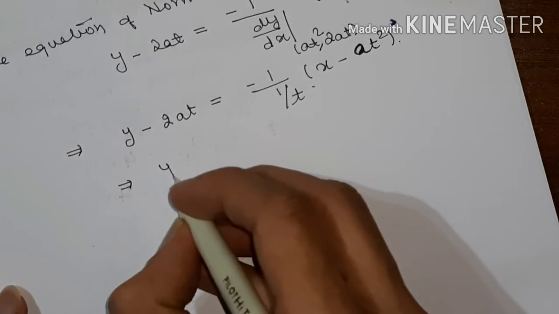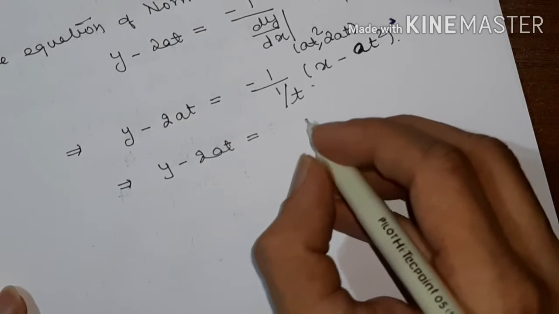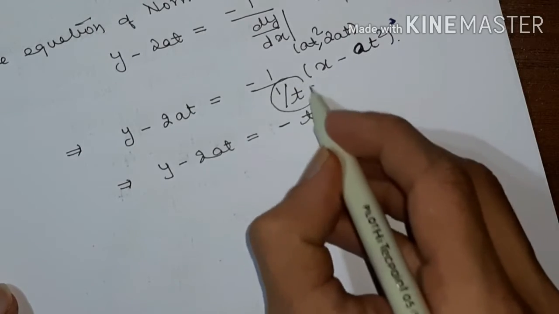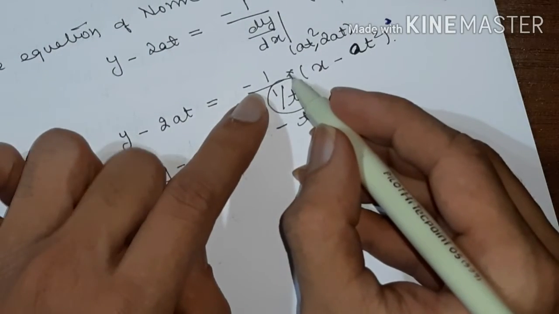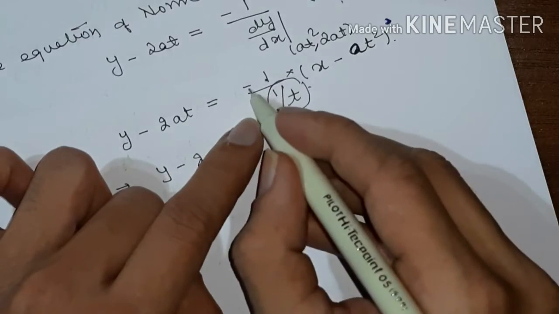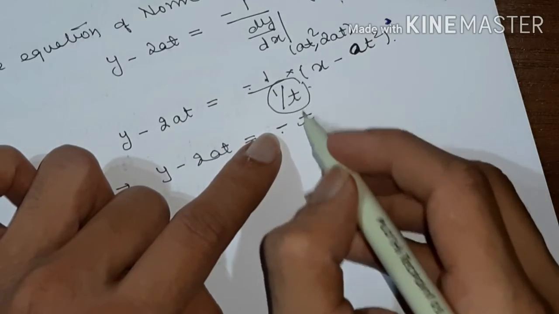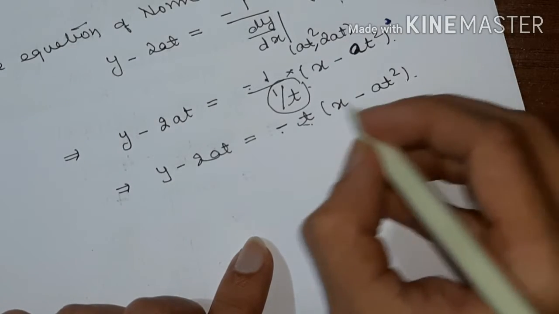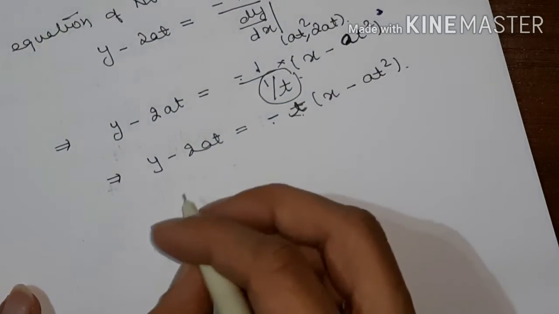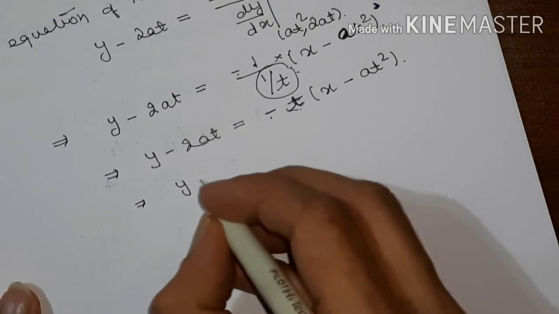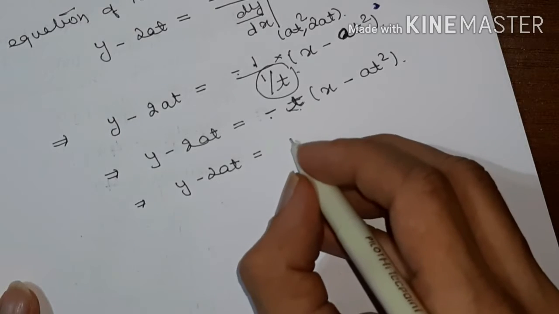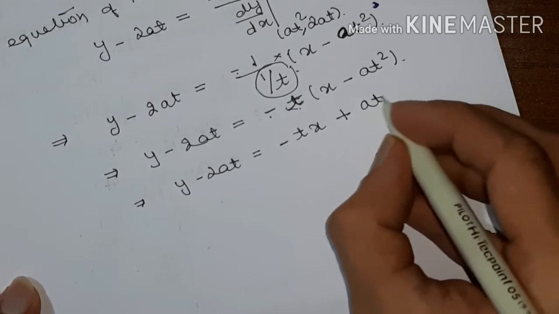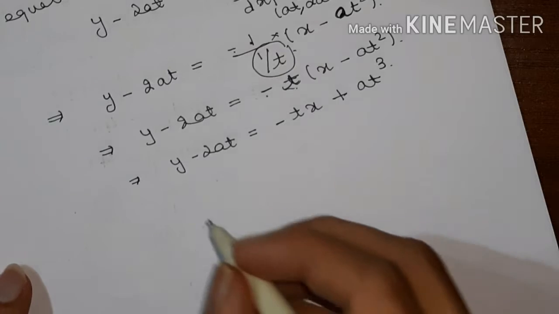So what I am getting is y minus 2at equal to minus t, since this will be the reciprocal, multiplied by x minus at². So I get y minus 2at equal to minus tx plus at³.